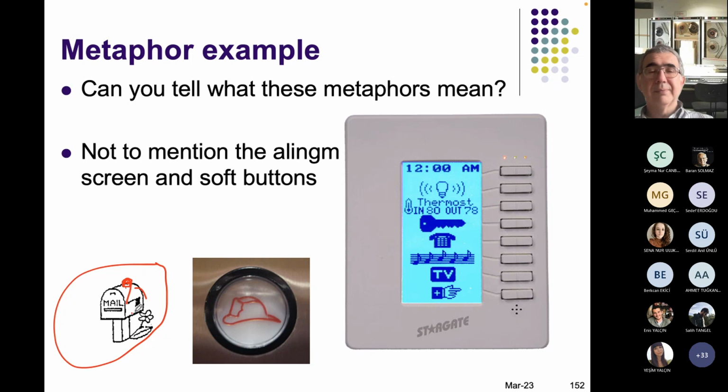So if the flag is down, you look at the post box and you understand that there is no mail yet. So you don't check it physically. But this metaphor cannot be used by other people in the world, so it's useless as a general interface.